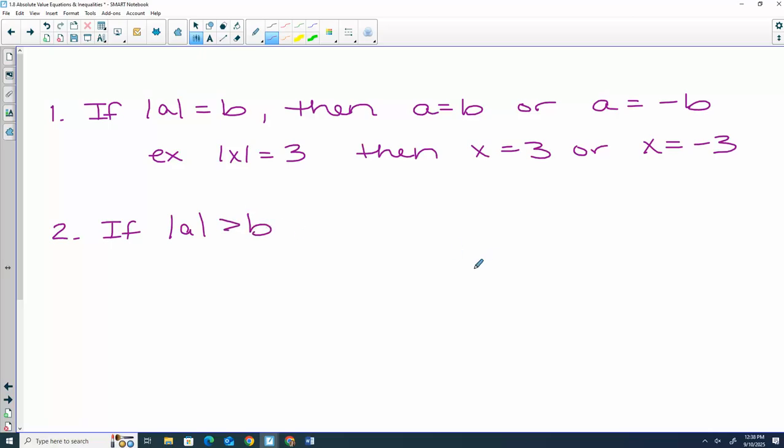If the absolute value of A is greater than B, do you guys remember how we solved those? Let's think through one then. If I said the absolute value of x was greater than 2, think about it on a number line, what this tells me.